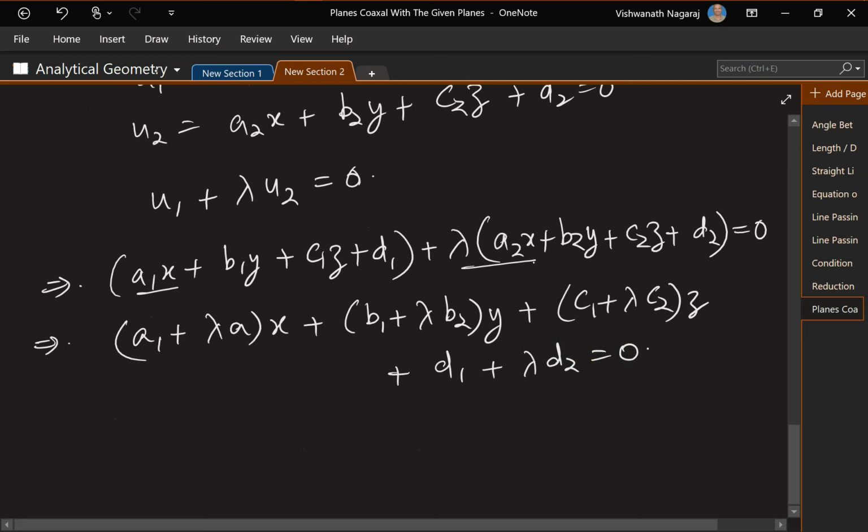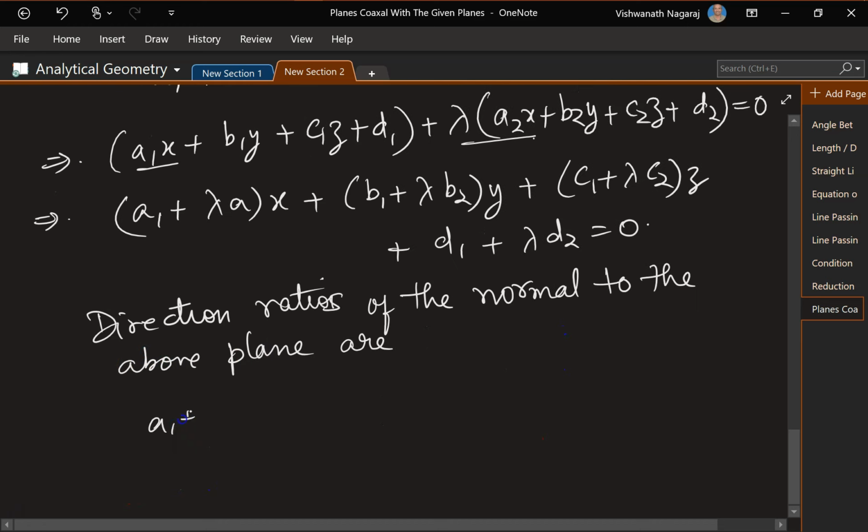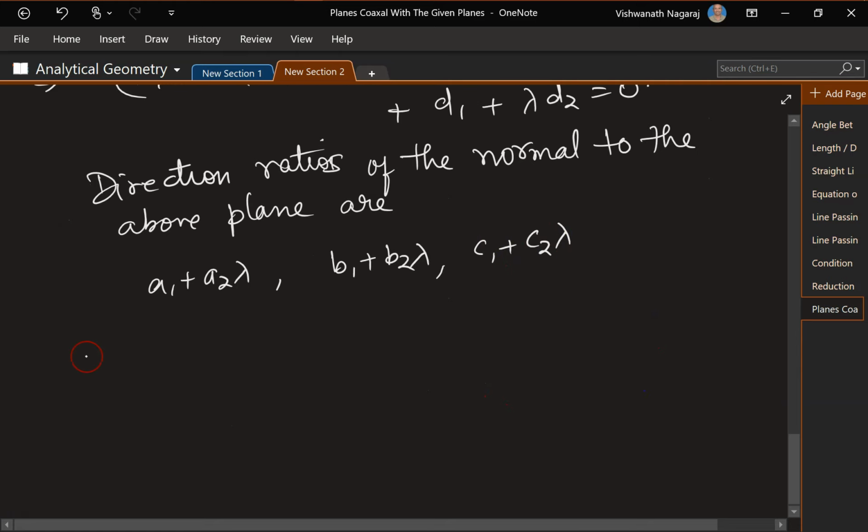Now, as additional information, the direction ratios of the normal to the above plane are a1 plus lambda a2, b1 plus lambda b2, c1 plus lambda c2.